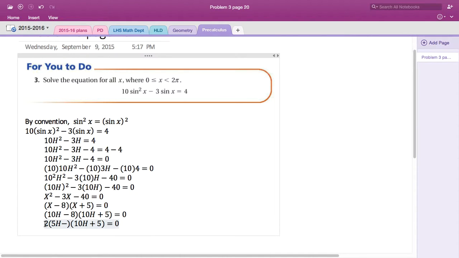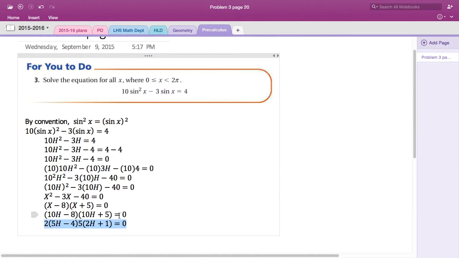So 10 divided by 2 times 5 is 10, and 2 times 4 is 8. It's kind of like doing the distributive property backwards. I can do the same thing over here. I put 5 here, 5 times 2 is 10, and 5 times 1 is 5. So 5 times the quantity 2h plus 1 equals 10h plus 5. I wrote 10h plus 5 in a different form, which is 5 times 2h plus 1.